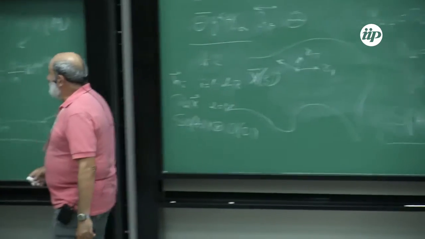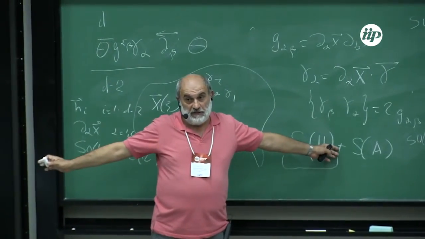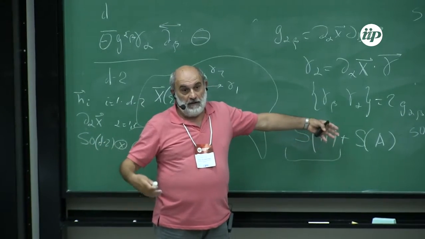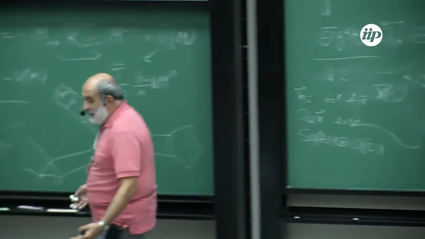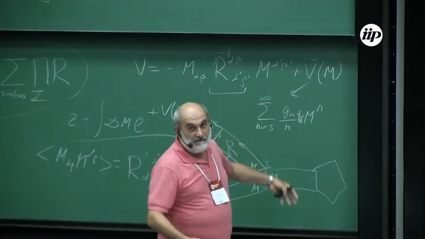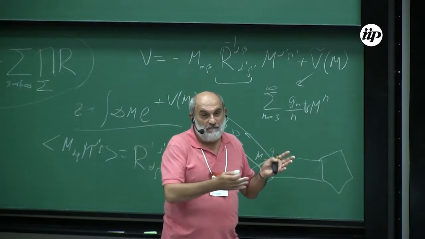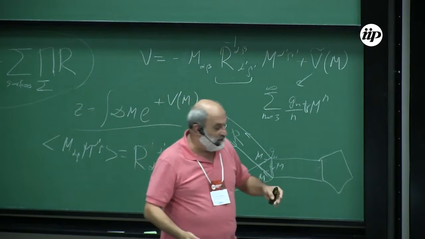So that is the motivation why one should consider this type of strings. And since it's hard to move analytically, let's first try to move within the matrix model to see what can be done.